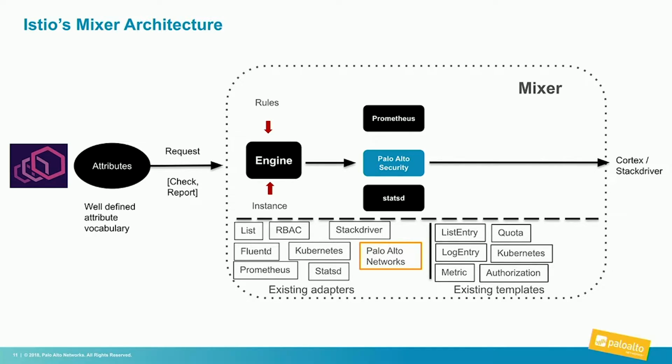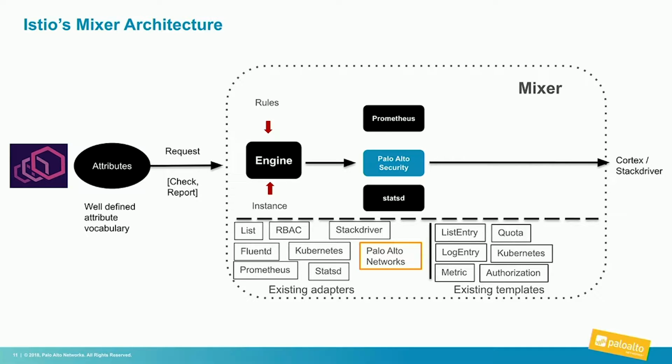Envoy has a very rich set of attributes that it uses to expose an API, called the XDS API, to control planes such as Istio that can leverage this data and provide value-added services. So then let's dig deeper into the Mixer architecture.